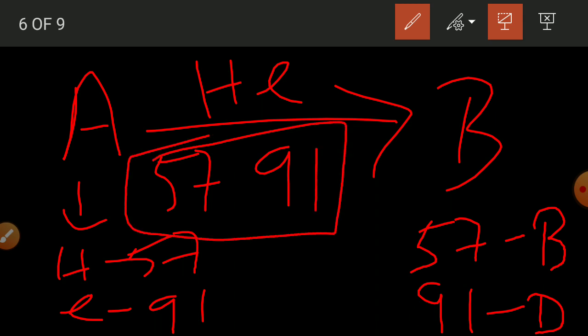I'll use the decimal form only here, 5791, but understand that it's going in the form of binary.